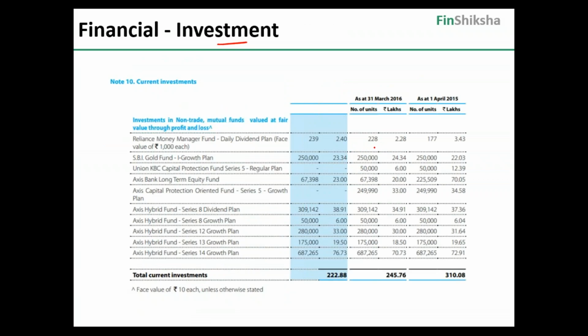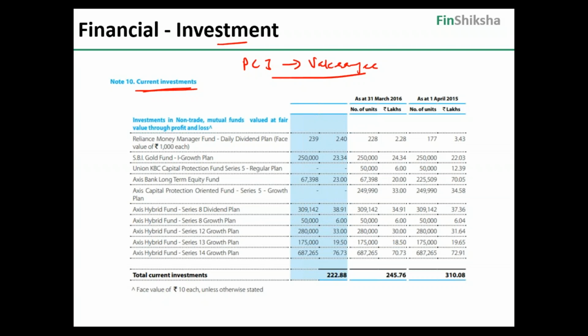Moving on, something interesting: you have to look at current investments. We usually ignore current investments as they are the liquid ones, but you have to look at them very carefully. Exactly this happened with PC Jewellers and Vakrangee. It came into limelight because Vakrangee bought 100 crores worth of shares of PC Jewellers.